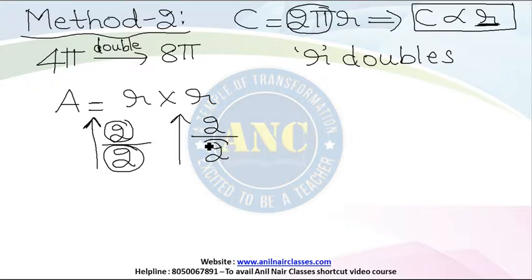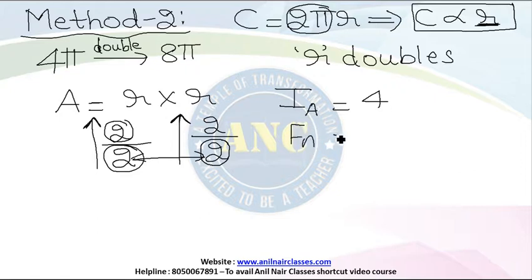That means initially it is 2. 2 should become 4, then only it is doubling. That means the numerator also should increase by 2. From 2 there is an increase of 2, it becomes 4. In simple language, the initial area is the denominator product: 2 into 2 is 4.